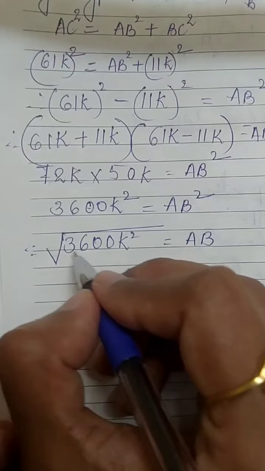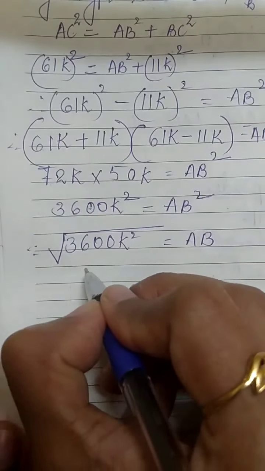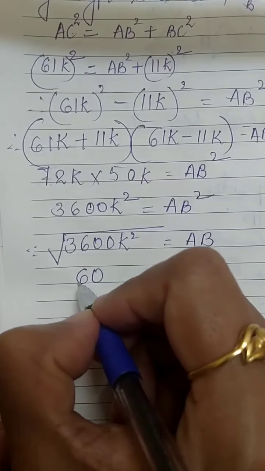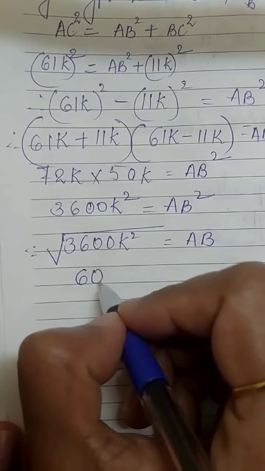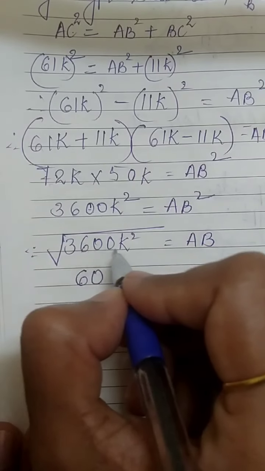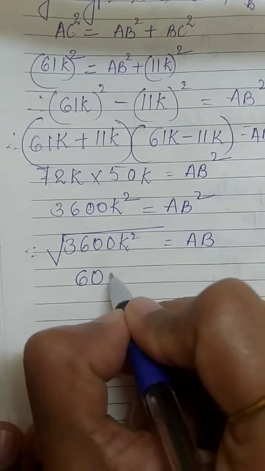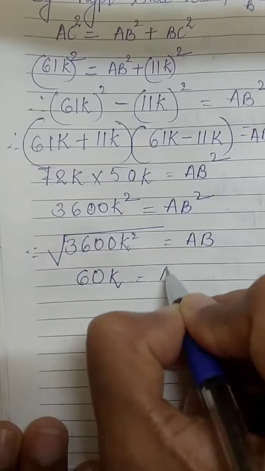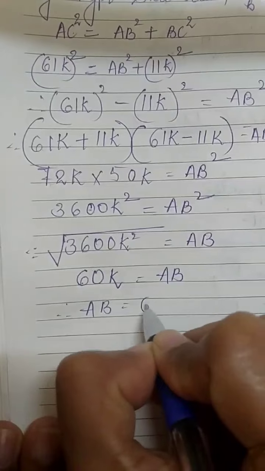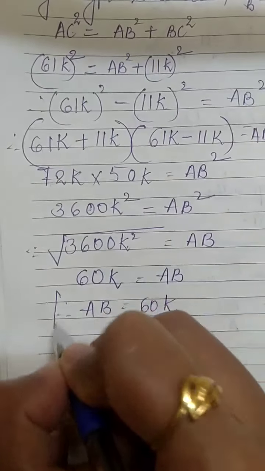Square root of 3600, we all know it is 60. Square root of 36 is 6 and 2 zeros out of that, 1 zero we got. 60 into 60 is 3600 and square root of K square is K is equal to AB. So therefore we got AB is equal to 60K. Put it in a box.